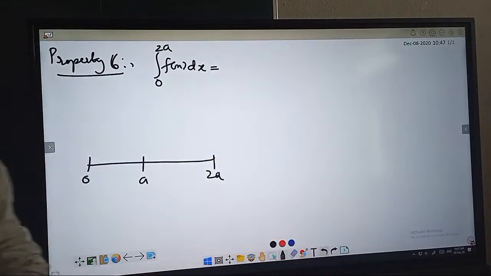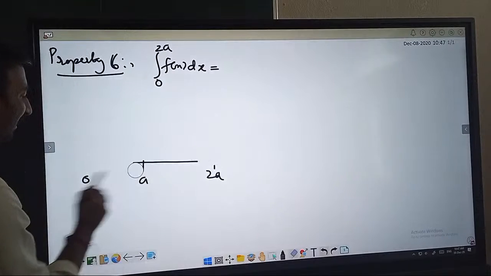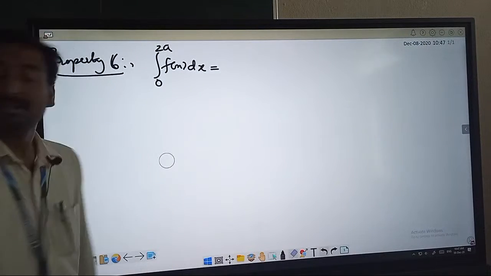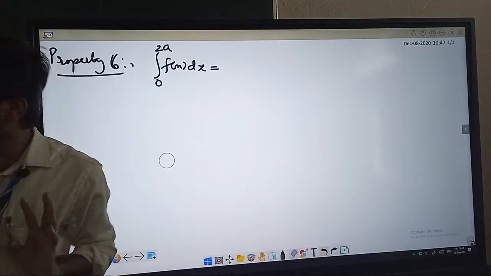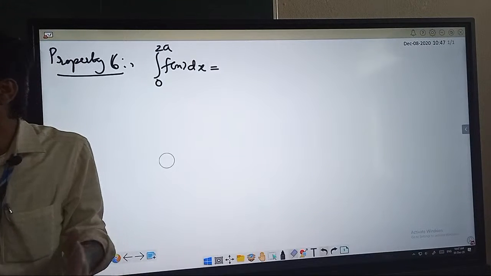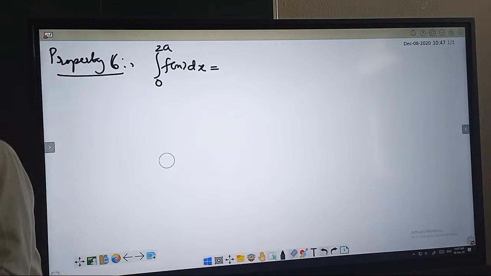Understand? Very good. You need to understand this. Why must you understand? When there is an equal gap A, and we take 0 to 2A, what is half of that 0 to 2A? 0 to A. Correct?